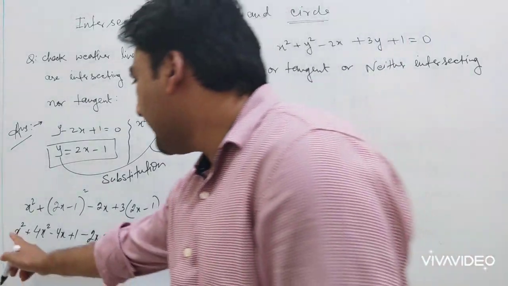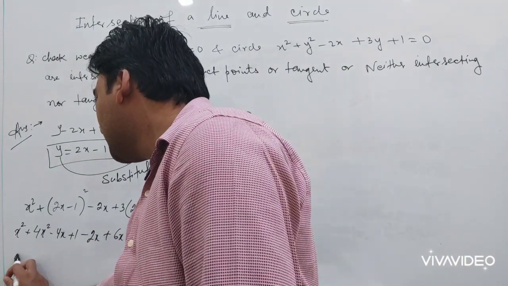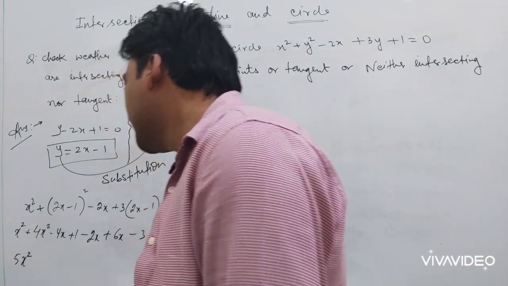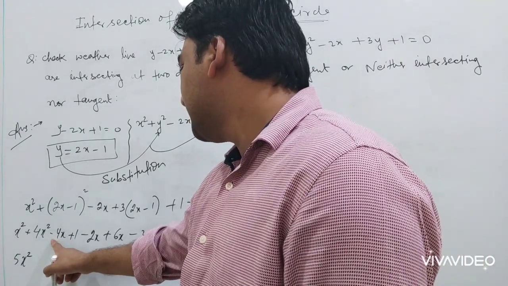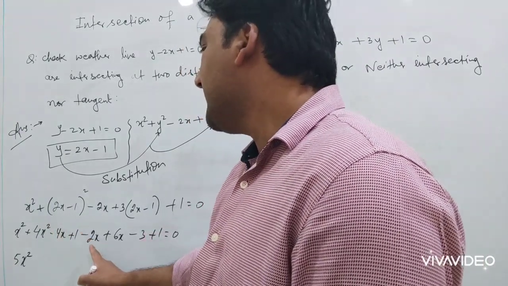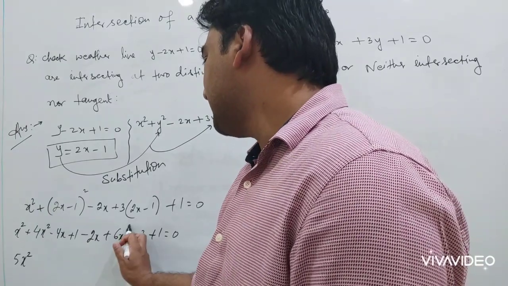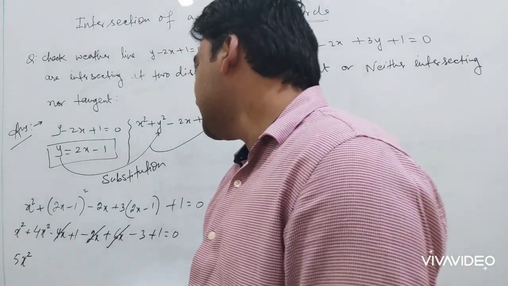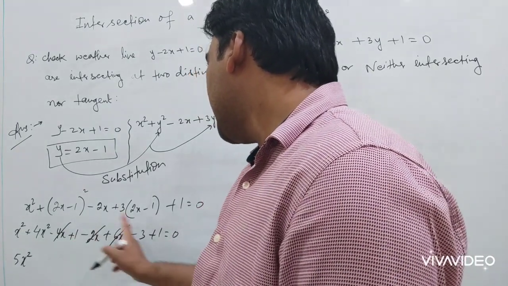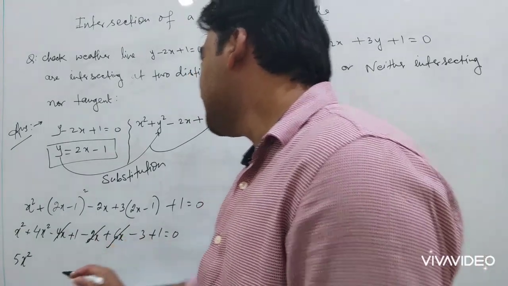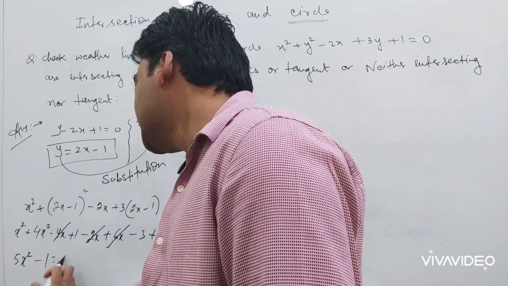Right? Now x square plus 4x square. What we have? We have 5x square. Now this is minus 4x and minus 2x, minus 6x and plus 6x. This will cancel. Then we will have 1 and plus 1, 2. 2 minus 3, we will have minus 1 equal to 0.